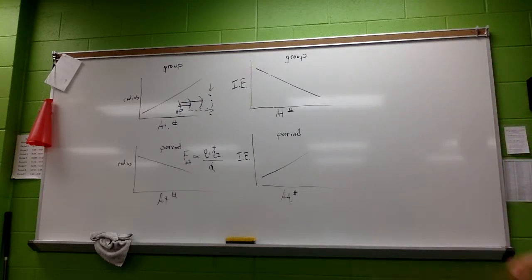Where on the periodic table would we expect to find the atoms that require the least amount of energy to remove an electron from the atom? Or in other words, lowest ionization energy.